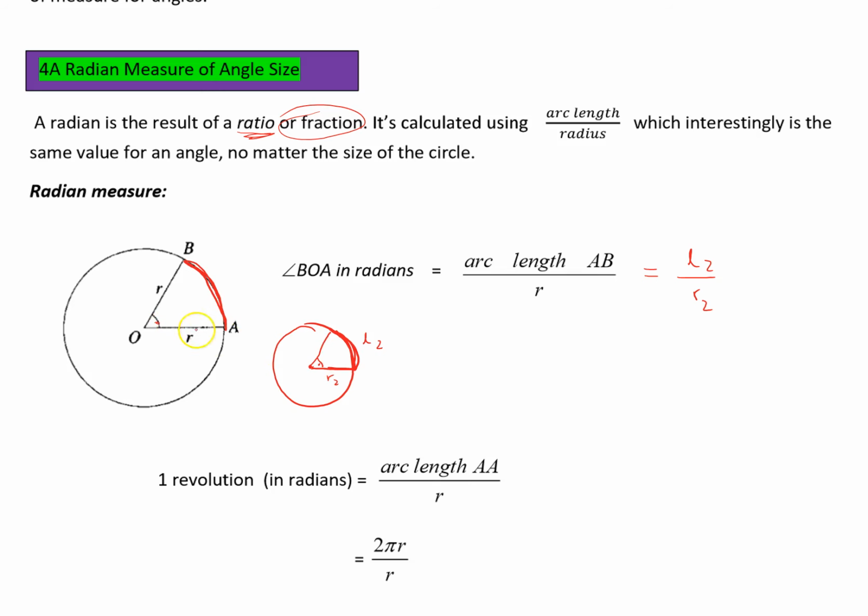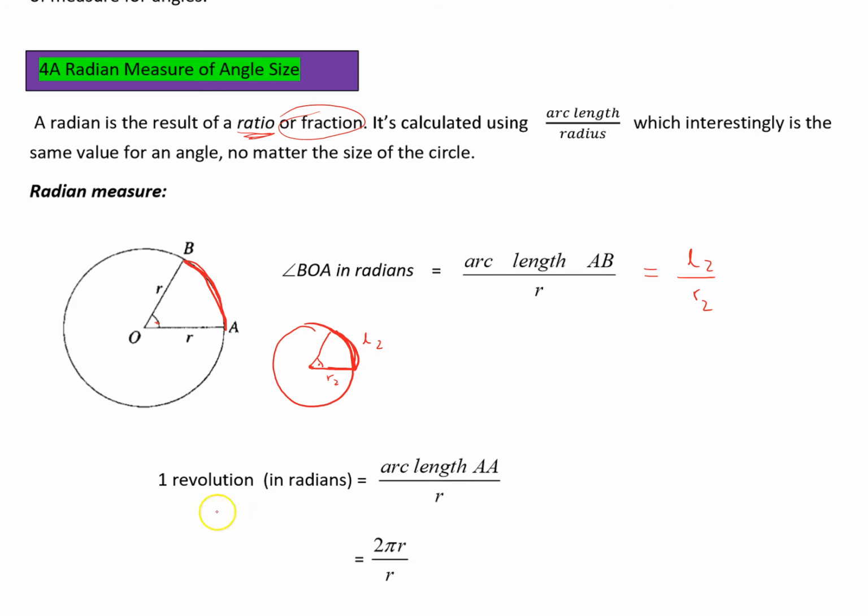Why? Because they're exactly the same sized angle. Now, you know that you could draw the same sized angle in degrees, in different sized circles, and it still looks the same size, same concept.